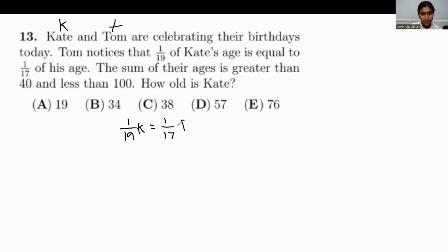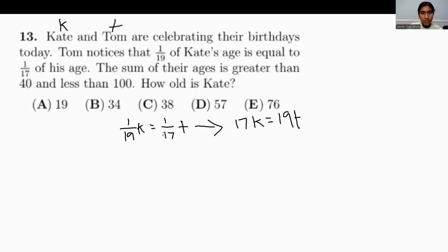And since we don't like fractions, let's convert that to whole numbers. And so we've got 17k equals 19t, because we multiplied both sides of this equation by 19 times 17.